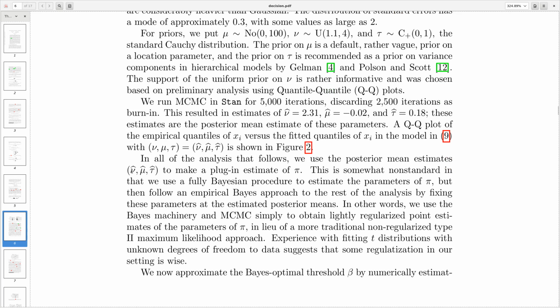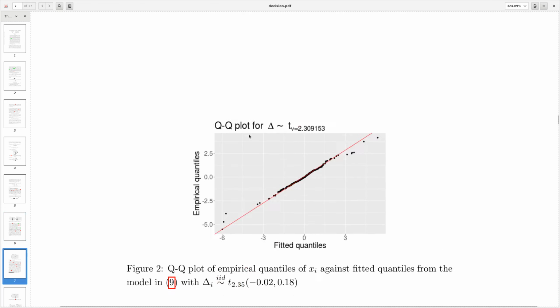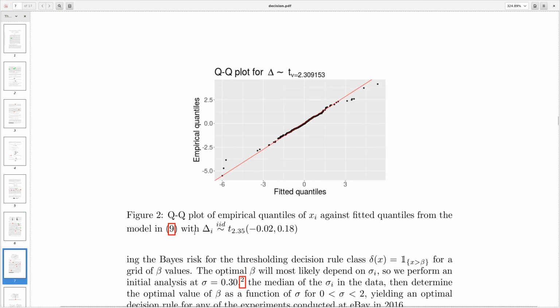A QQ plot of the empirical quantiles of x_i versus the fitted quantiles in model 9 is shown in figure 2. Figure 2: QQ plot of empirical quantiles of x_i against fitted quantiles of the model with delta_i identically distributed as a Student distribution with 2.35 degrees of freedom.